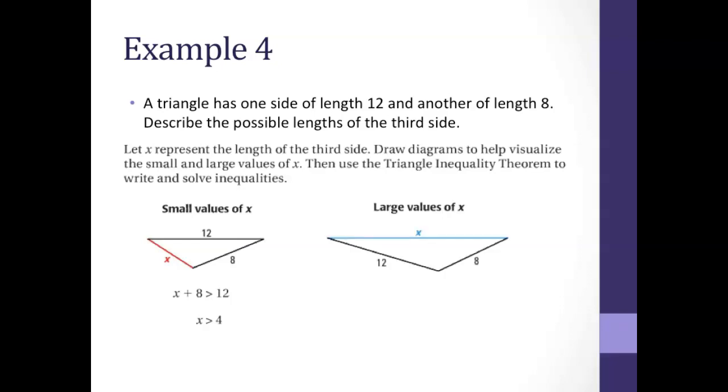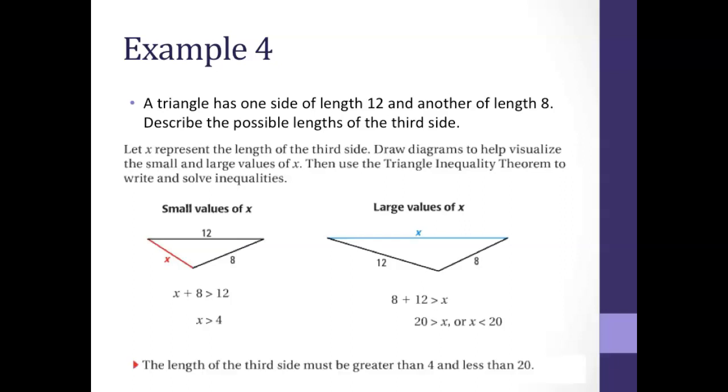Then 8 plus 12 has to be greater than x. Anytime you're writing these inequalities, it's always two of the sides in the triangle, and when they are summed up, they should be greater than the third side. So x must be less than 20. That means the third side has to be greater than 4 and less than 20, somewhere between 4 and 20.